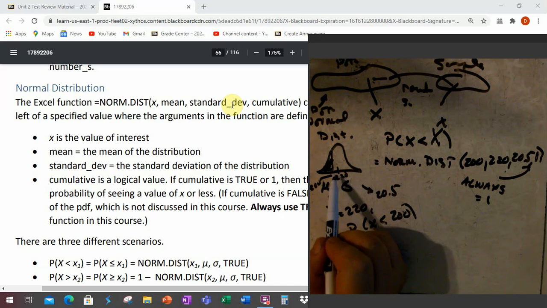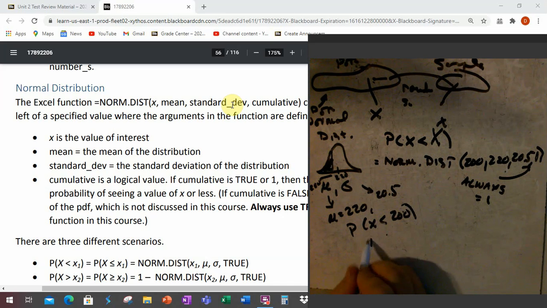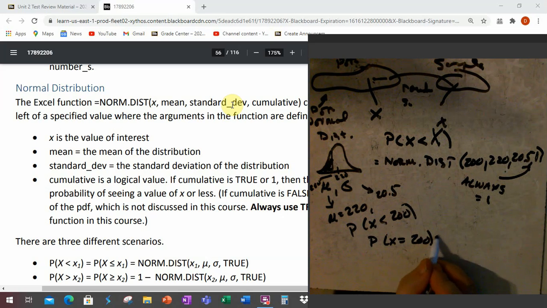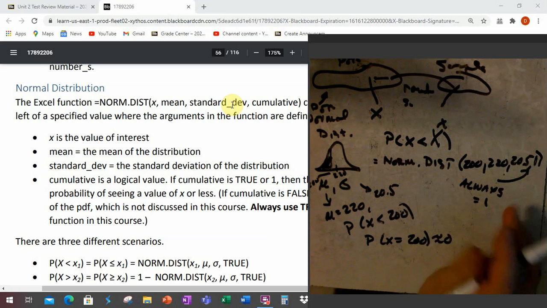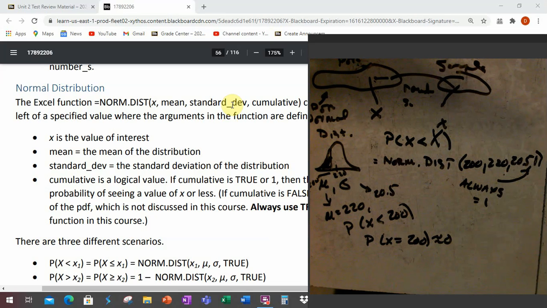One little line, the probability of x being equal to 200 is just so close to 0, it's nothing, okay? So always put that as 1. If you're not, you're going to get it wrong, okay? It's not like the binomial where the values are either 1, 2, 3, 4, 5. There's a big difference between 5 and 4, and we know how to calculate those.